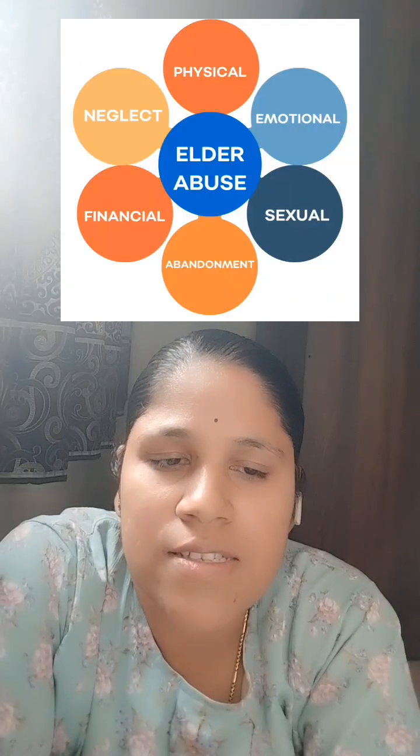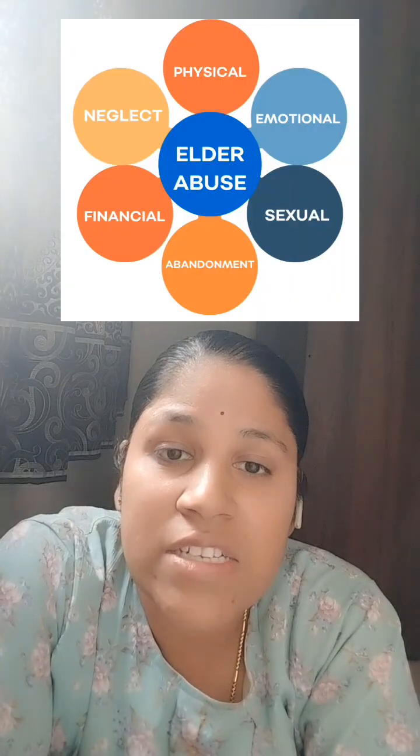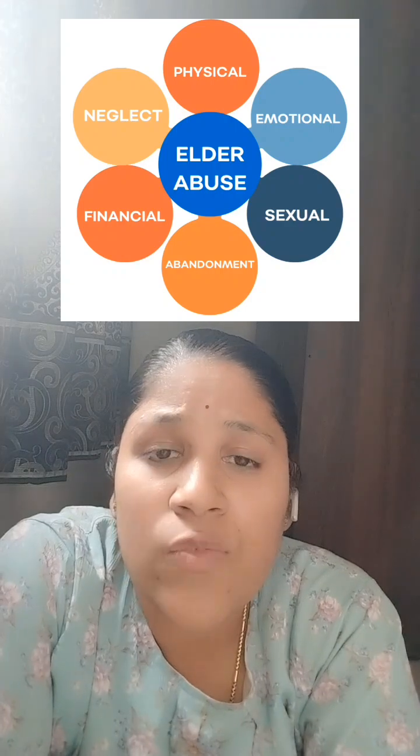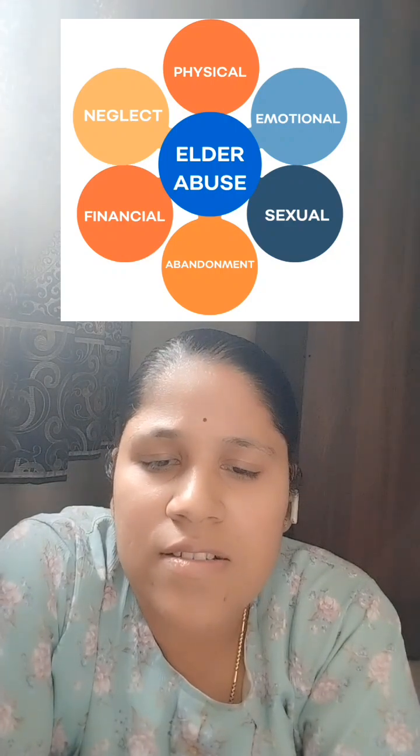We can usually see these types of persons experience redness around the eyes, the sclerae becoming red. We can see a red or purplish mark over the neck, and we can see a sprained or broken wrist, and there is chronic fatigue with these types of patients, shortness of breath, muscle tension and involuntary shaking, and there is a change in habits of eating and sleeping, and there may be many mental health issues also with such patients.